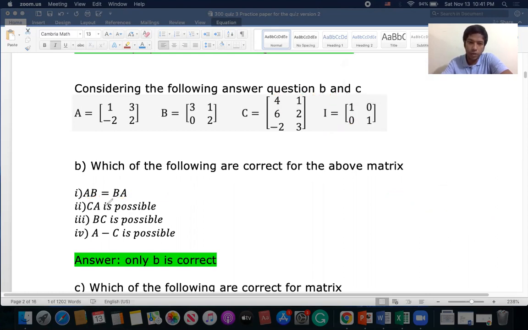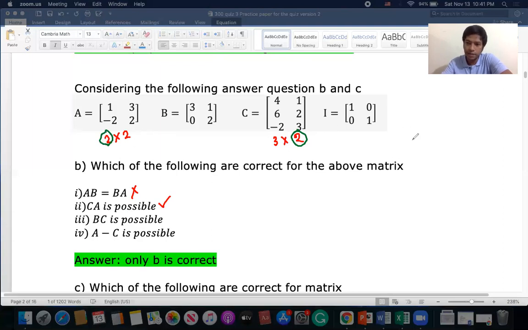If you want to analyze it, this one was not possible, this one is possible. C is actually a 3 by 2 matrix, and A, in CA, is a 2 by 2 matrix. Our rule is if the number of columns in the first matrix is equal to the number of rows in the second matrix, then that multiplication is possible.